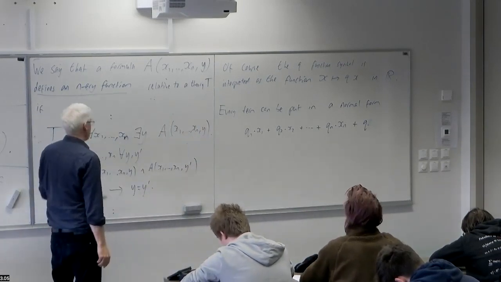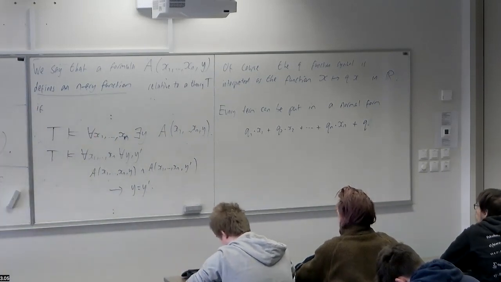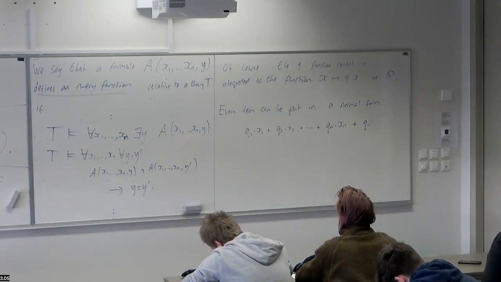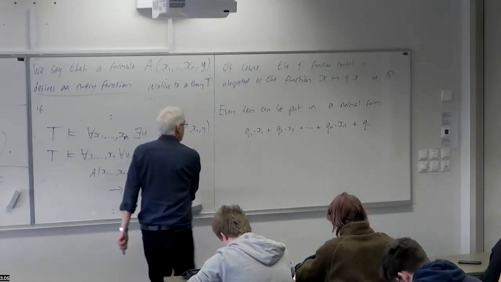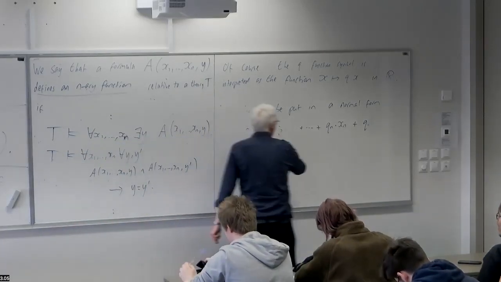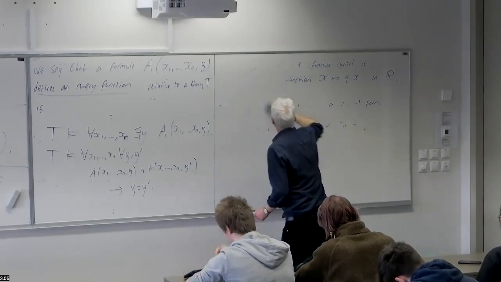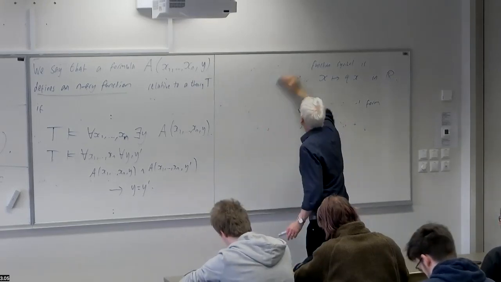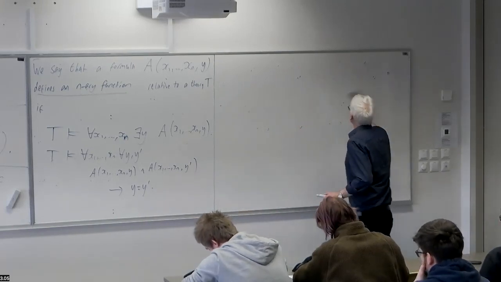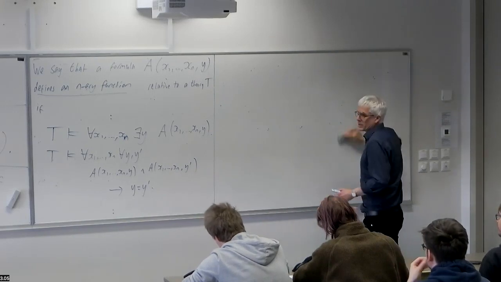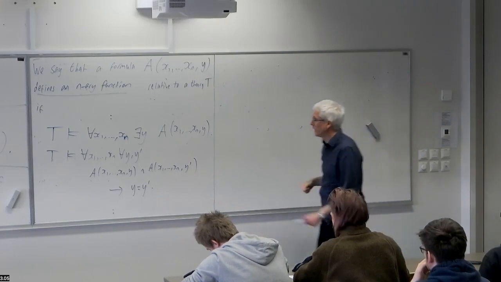Okay, so that's what it means for a formula to define a function relative to a theory T. And the point is, whenever a formula defines a function, we can, without changing the expressivity of the language, add a function symbol for that function to the language.